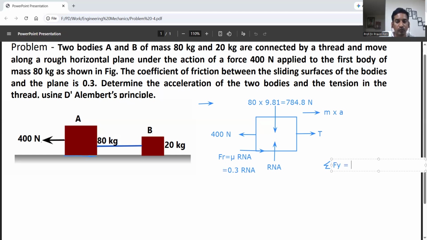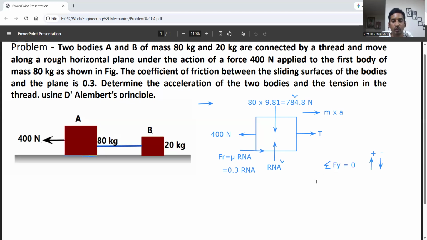For that, the upward direction is taken as positive and the downward direction as negative. There are two vertical forces: one is RNA, which is upward, and the other is 784.8 Newton, which is downward.